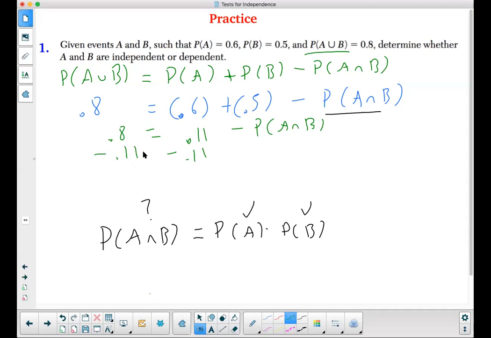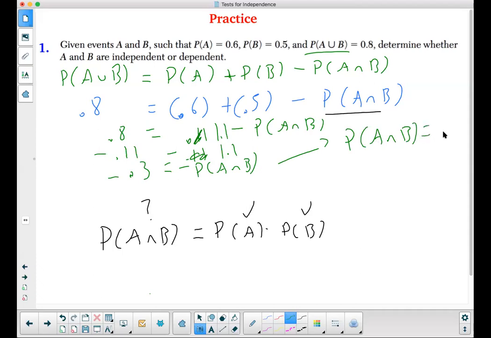Sorry, this should be 1.1. Negative 0.3 equals negative probability of A and B. Just multiply both sides by negative 1, and you get the probability of A and B equals 0.3. So you had to do a little work, but now we have all three components.